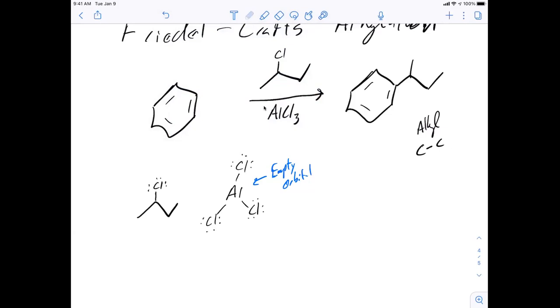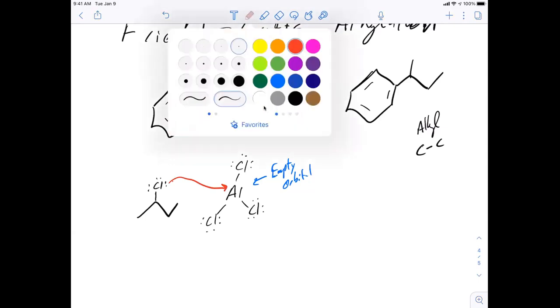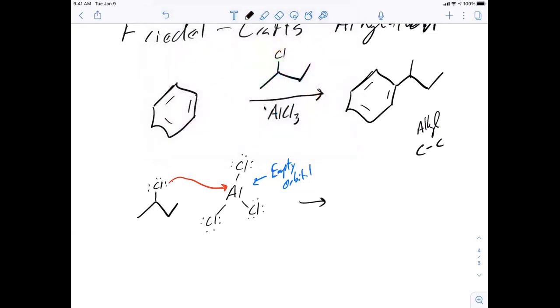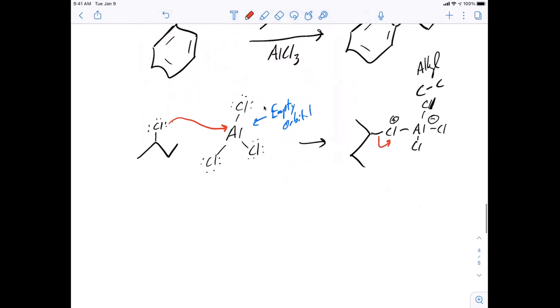That empty p orbital can accept electrons. There is a close affinity between aluminum and chlorine. Okay, so we get loss of the electrons here, which forms the carbocation.